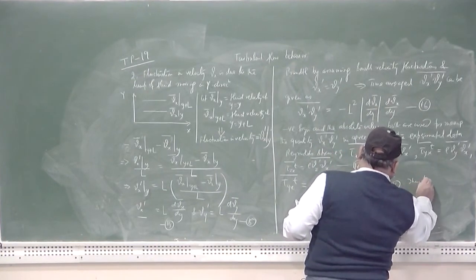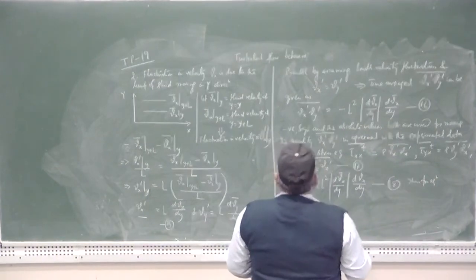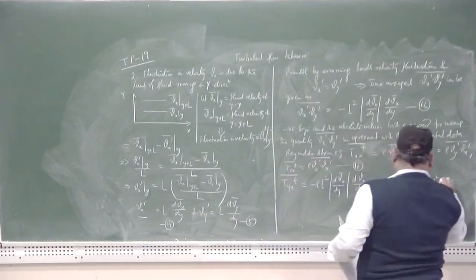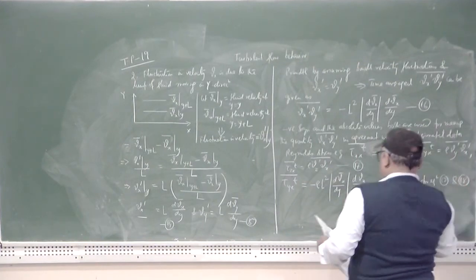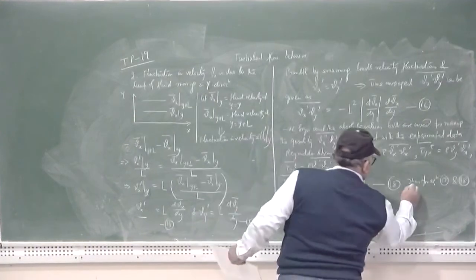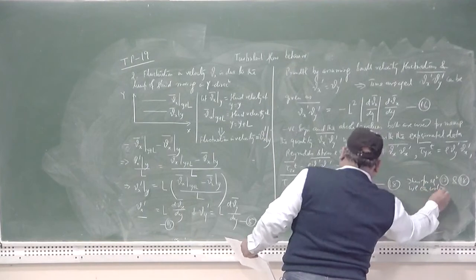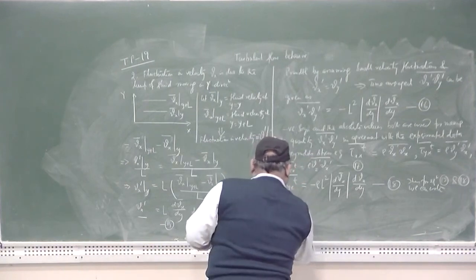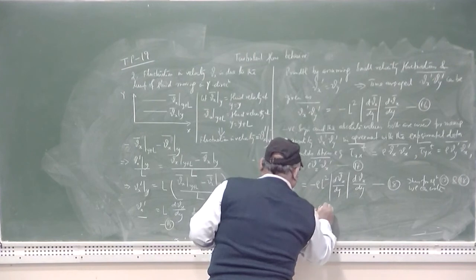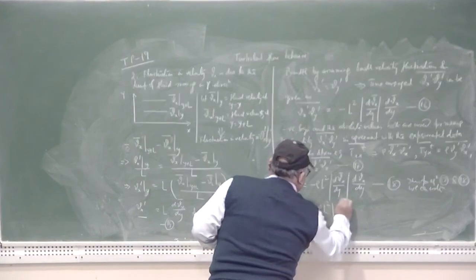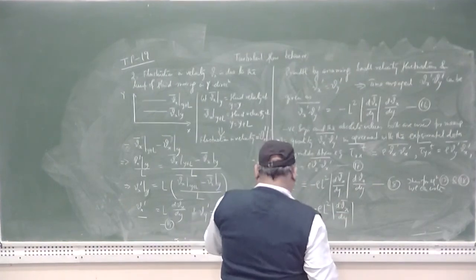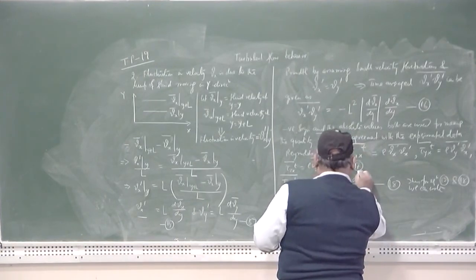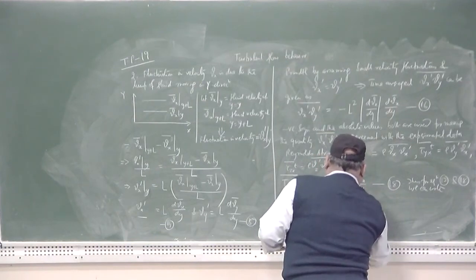Thus, from equations 12 and 18, we can write minus rho into epsilon t should be equal to minus rho L square modulus of dVx average by dy into dVx average divided by dy.